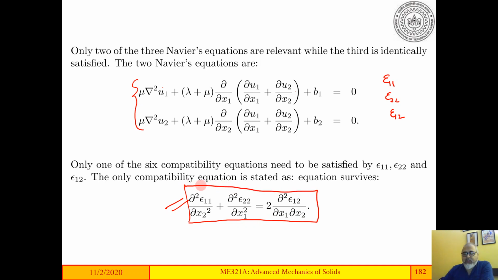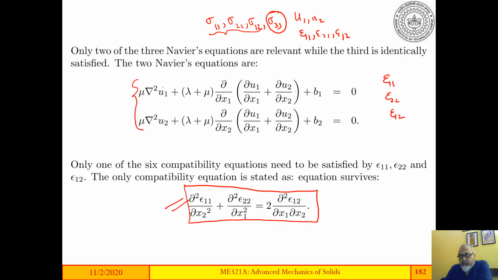So we now have just two displacements, u1, u2, three strains, four stresses, out of which this is not dependent. This is dependent on sigma 1 1 and sigma 2 2. So basically you have to find three stresses. So you have altogether 8 variables and 8 equations to solve.